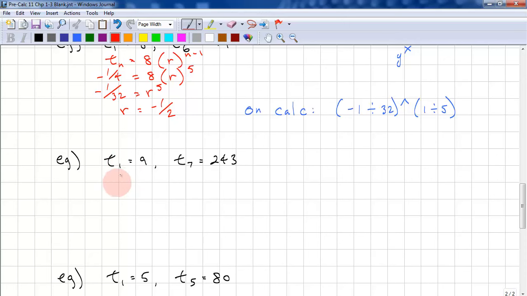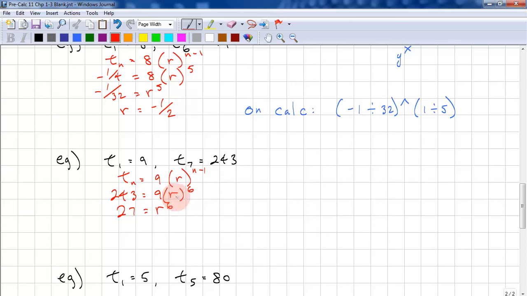Always write out your general formula until you're used to it. So Tn equals 9, r to the n minus 1. N is 7, substitute, 243 equals 9, r, 7 minus 1 is 6. 243 divided by 9, that's 27, equals r to the 6.